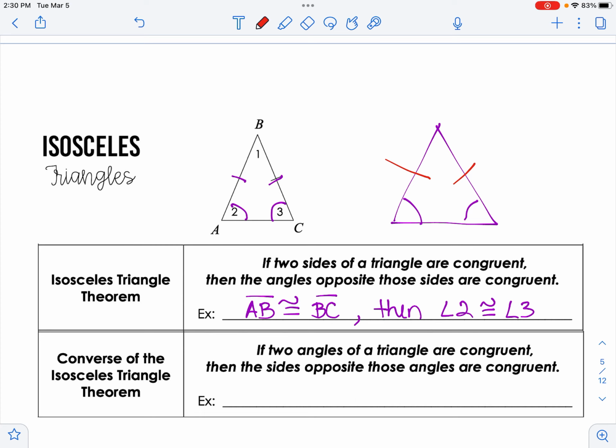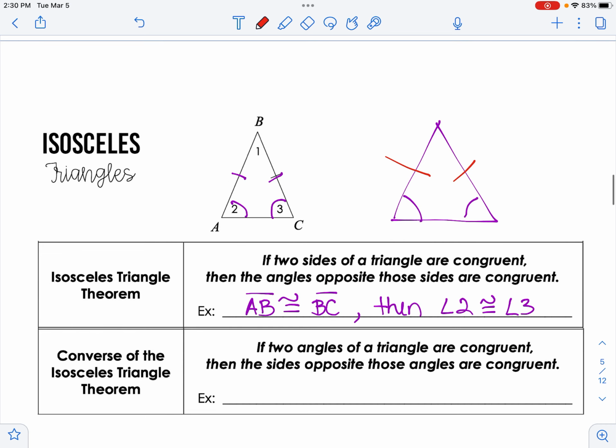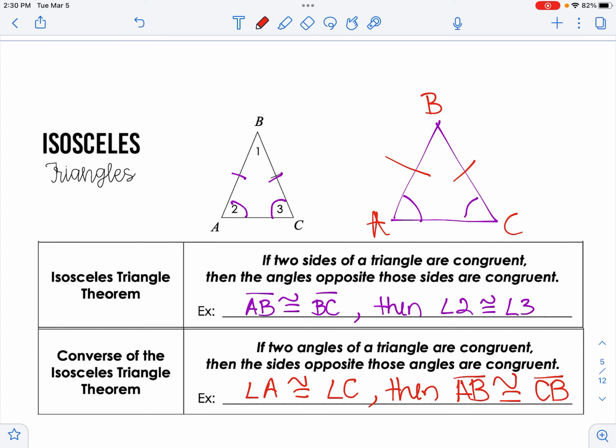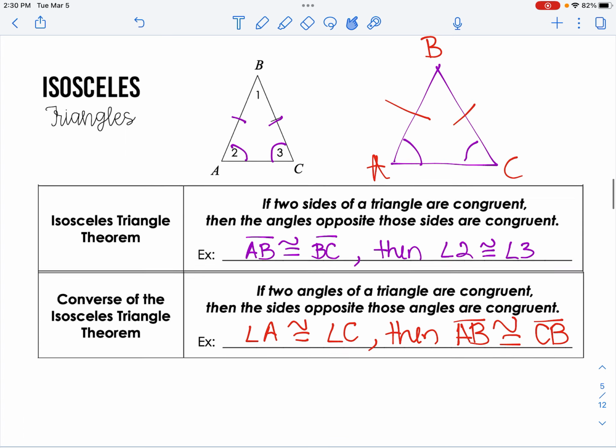So in other words, let's just say this is the same triangle, A, B, C. If angle A is congruent to angle C, then that means side AB has to be congruent to side CB. Again, the picture might make more sense.